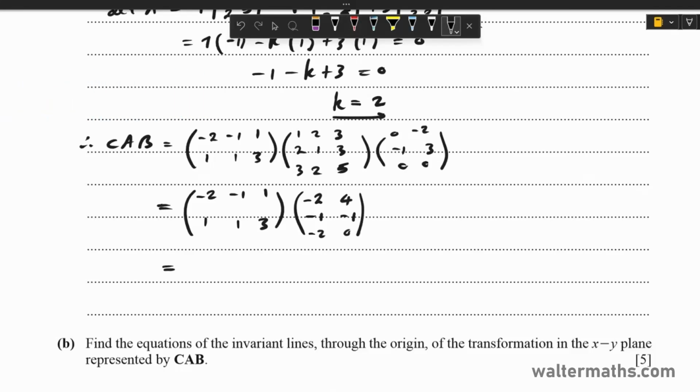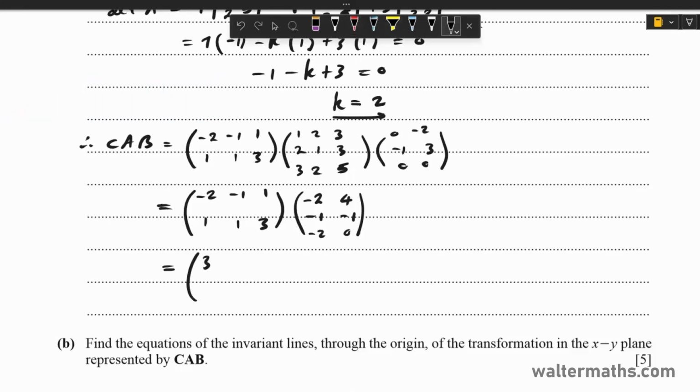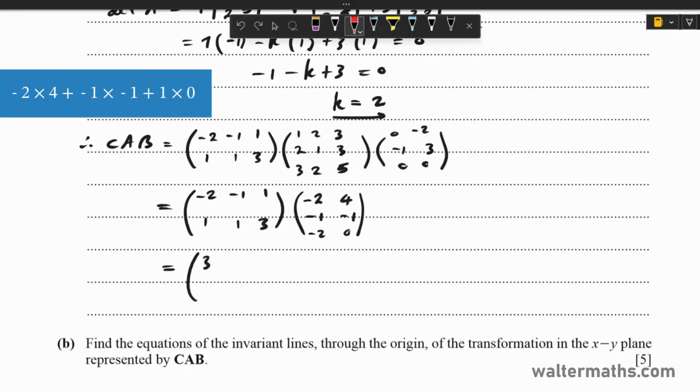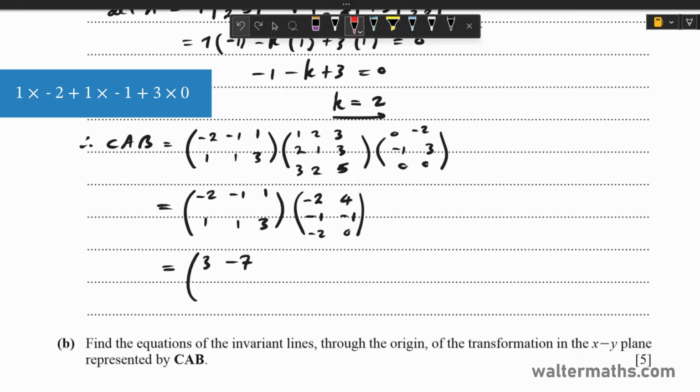Next, we multiply this 2. I'll do this row by this column, and from this we will get 4 plus 1 minus 2. So we get a 3. Then this row by this column, that will be minus 8 plus 1 plus 0, which is minus 7. Then I'll do this row by this column, and I'll get minus 2 minus 1 minus 6.